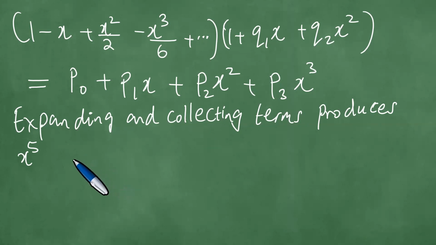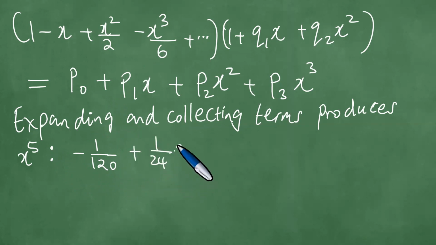So if you multiply for the fifth power, you're going to have minus 1 over 120, plus 1 over 24 q1, minus 1 over 6 q2. The coefficient of x to the power 5 is going to become 0 on the right because there's no x to the fifth power. Expanding and collecting terms produces this.